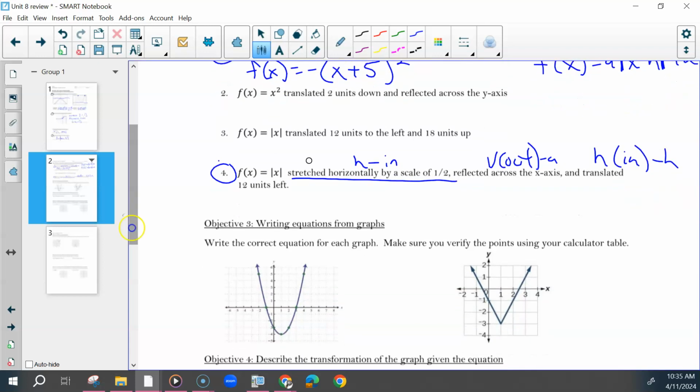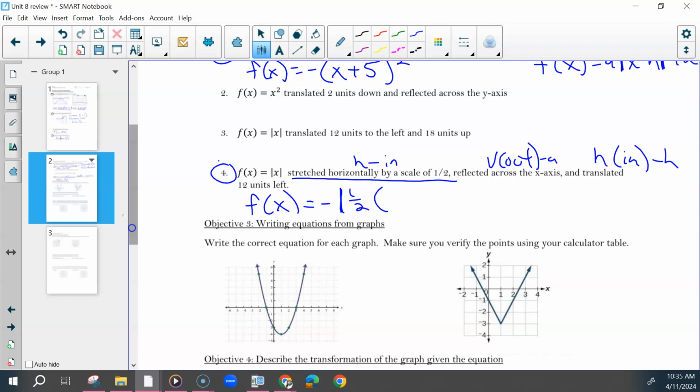So this one, because of this, it's going to look a little different. F of x equals our negative. Then because of this part, we need that inside the absolute value, the 1/2. And then we're going to have parentheses to show this part. How would I write translated 12 units left?